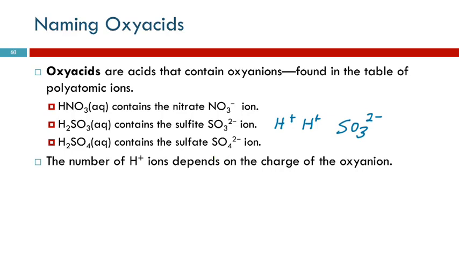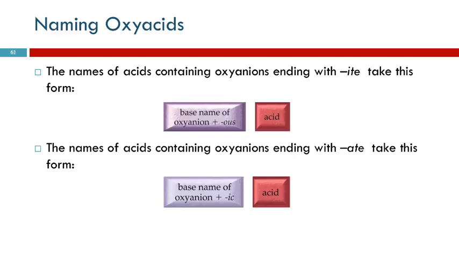Okay? The names of these acids are going to be based on the names of the oxyanions that are in them. That's why we need to be able to recognize this. So the name is based on the name of the oxyanion, and we change the ending of its name and add the word acid.